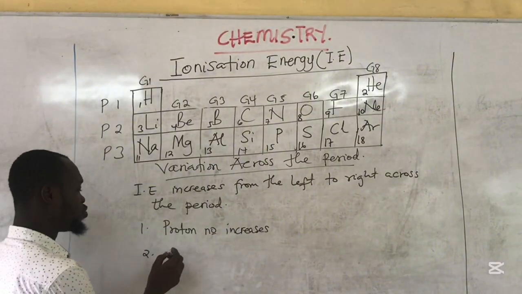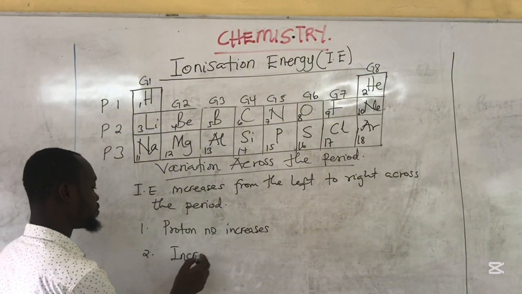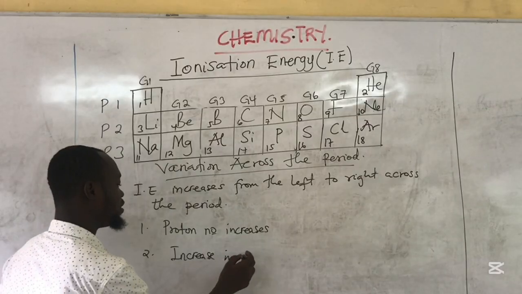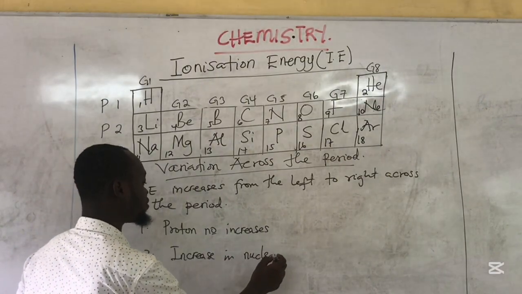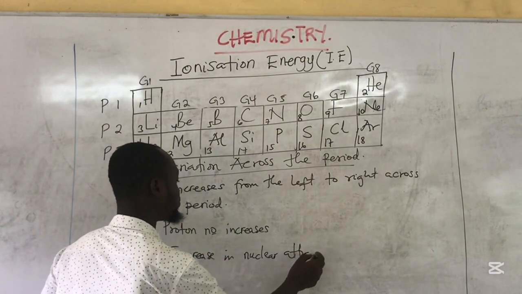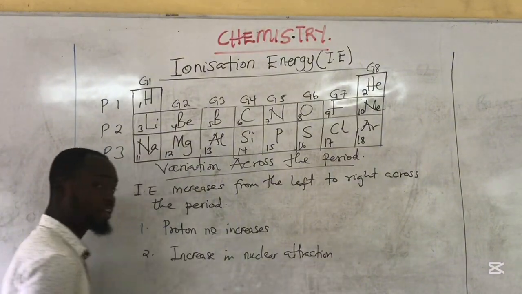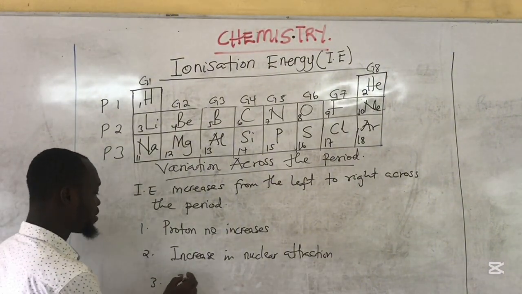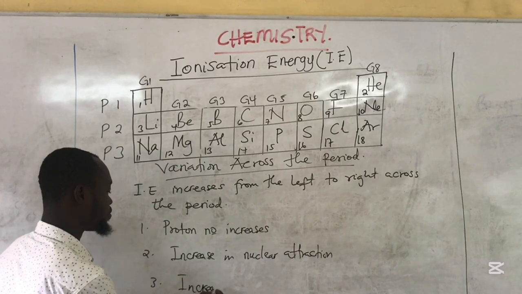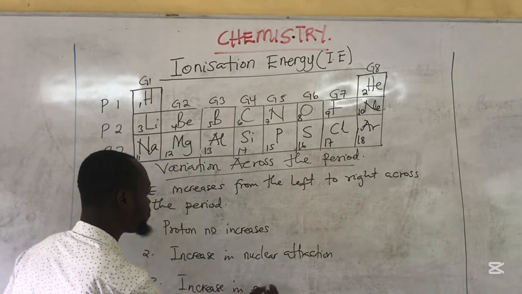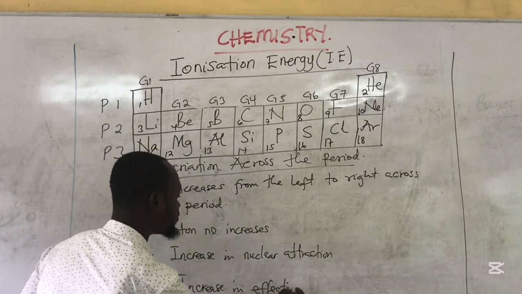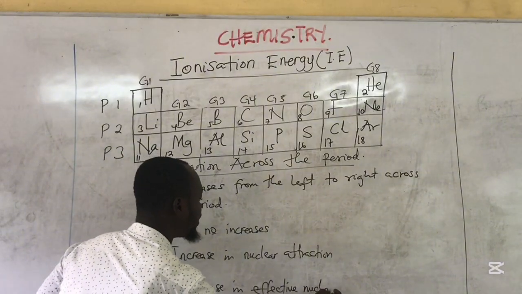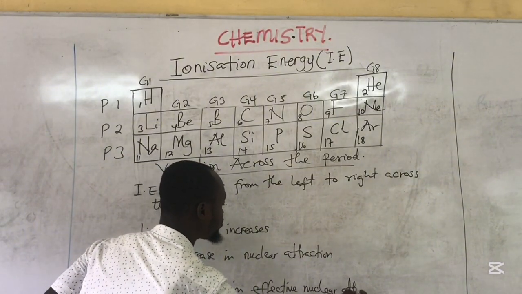It implies that there's going to be an increase in nuclear attraction. What is the implication of an increase in nuclear attraction? It means that there's going to be an increase in effective nuclear attraction.